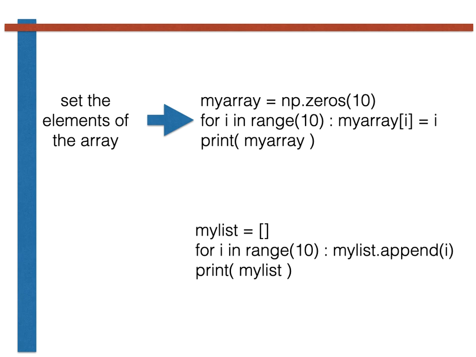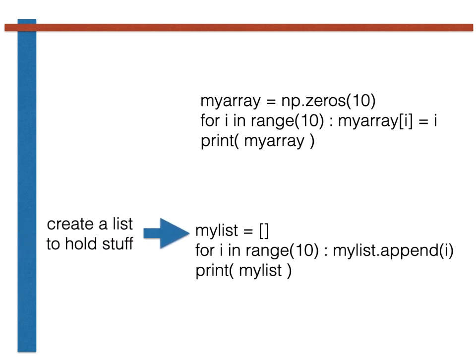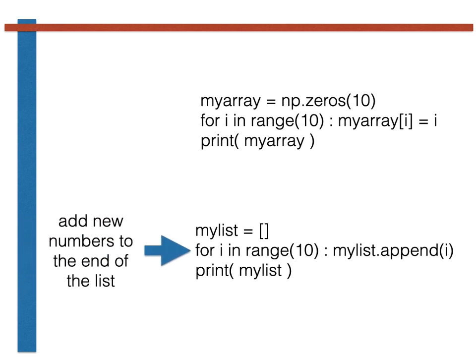This code creates an empty list and then adds, or appends, to the end of the list each of the first 10 non-negative integers. A perhaps irritating feature of Python is that there are multiple different ways to achieve the same result, as is illustrated on this slide.